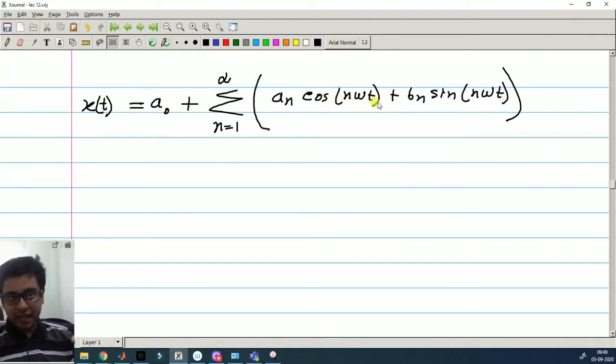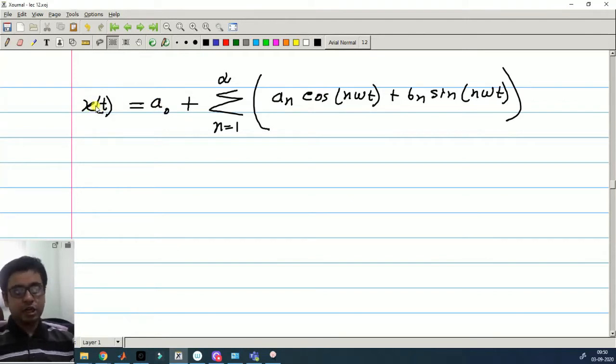This infinite sum of sine and cosine terms is known as a Fourier series, where these individual sine and cosine signals are called harmonics: first harmonic, second harmonic, third harmonic, etc., depending on whether n equals 1, 2, 3, etc. These coefficients an, bn are called Fourier coefficients.